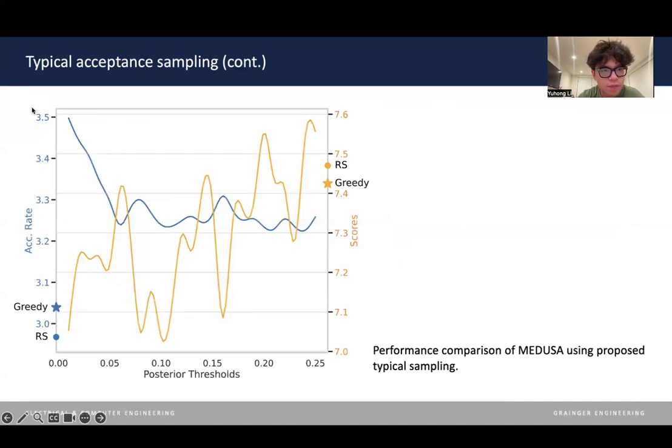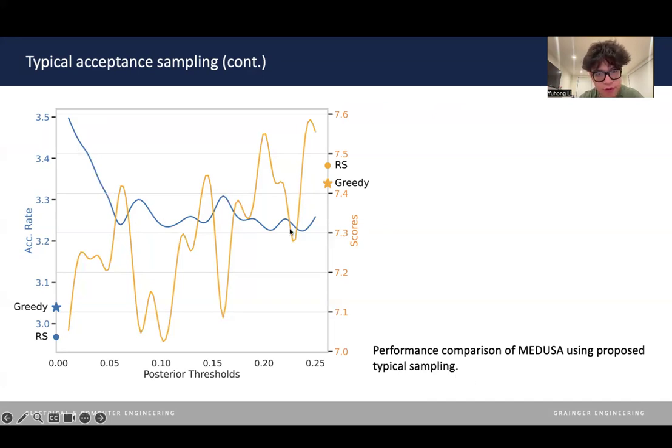Okay, we can see here we have this greedy and this random sampling. Random sampling's acceleration rate is lower than greedy. But for scores on a benchmark, we have GPT-4 as a judge, and they achieved very similar scores. We changed the posterior threshold of typical sampling.